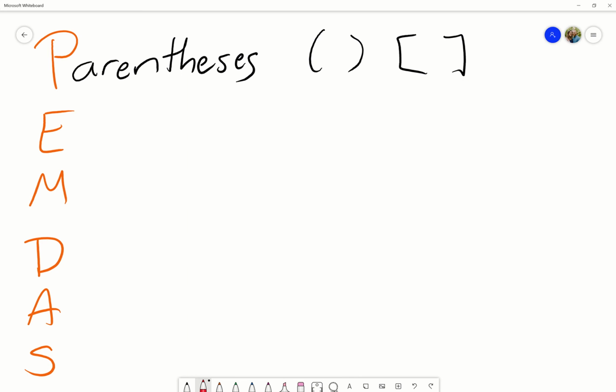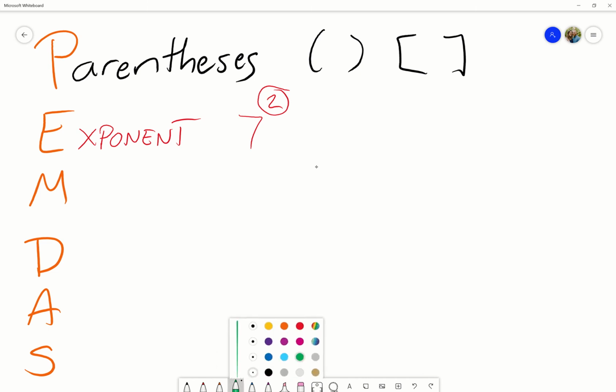So we want to deal with any kind of numbers that have an exponent in them. Right, our exponents, when we have a number like 7 squared, and so this squared is an exponent, right? So we want to make sure that we can solve those out before we go to anything else.